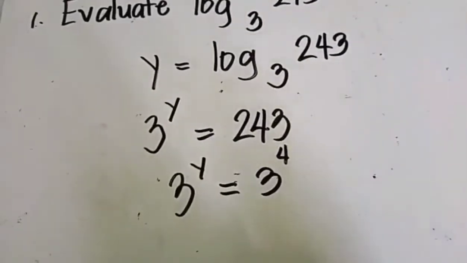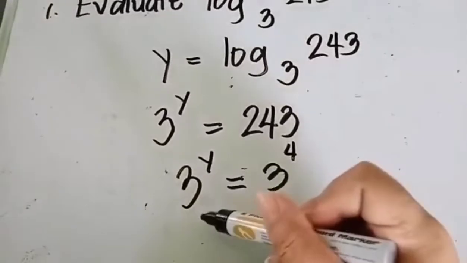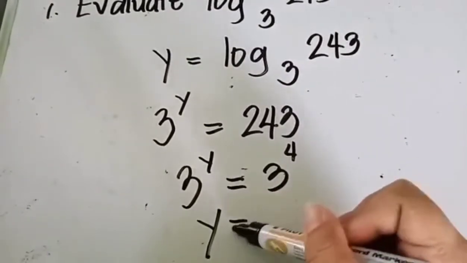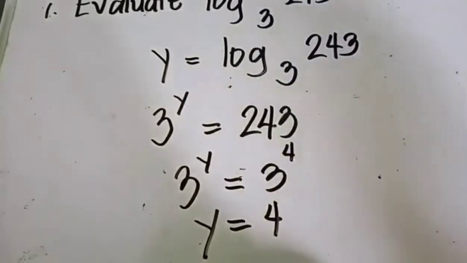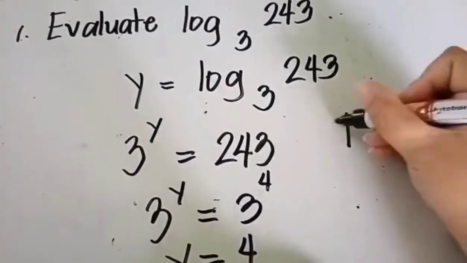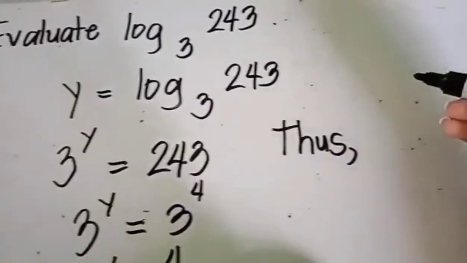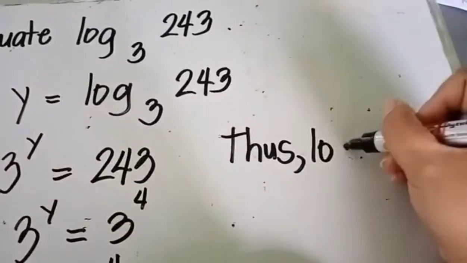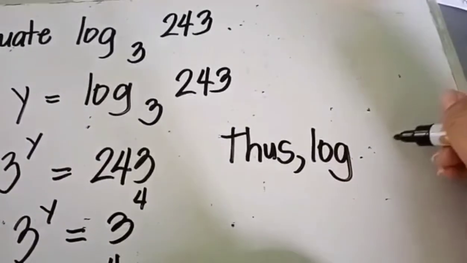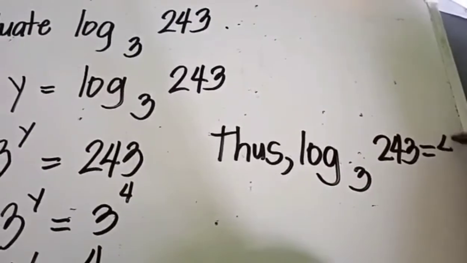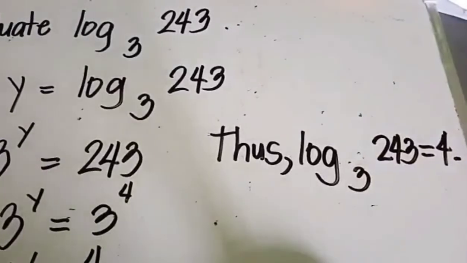We're going to solve for our y, or exponent. We have y is equal to 4. Thus, the logarithm of 243 to the base 3 is 4. So that will be your final answer.